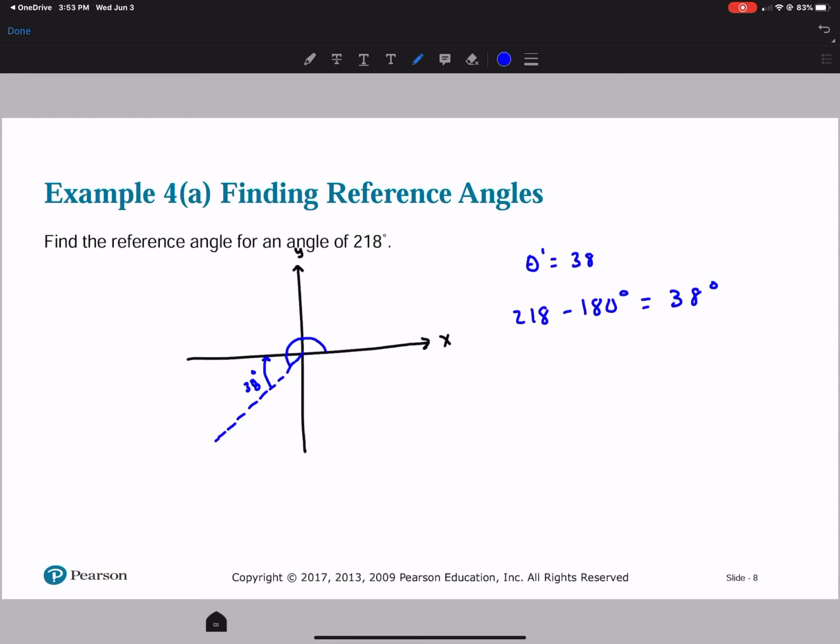So keep that in mind. We had to go 38 more degrees. So our reference angle is 38.